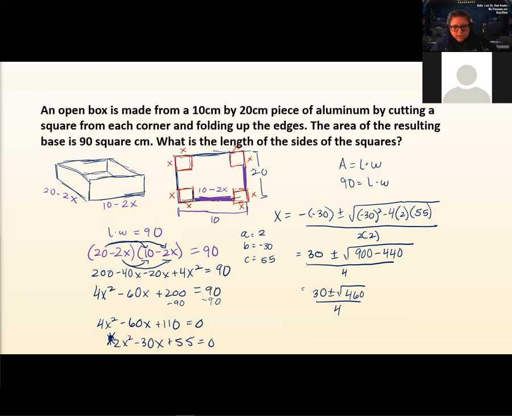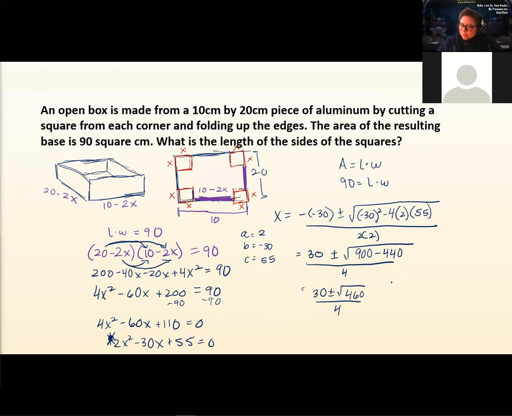Now, the ones we've seen before, we can't do anything with them, right? But 460, we can possibly reduce that radical or simplify that radical. So I do want to show that just in case you come across something where you need to simplify the radical.